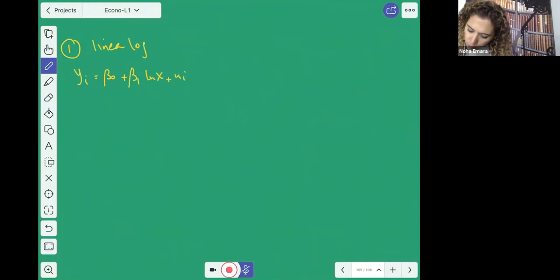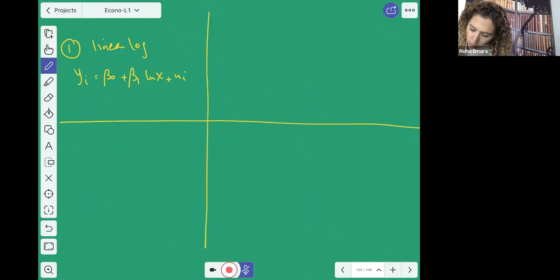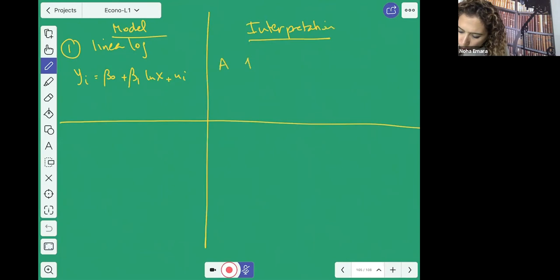How can I interpret that? Okay, so this is the model, this is the interpretation. So a 1% change in x implies a change in y.